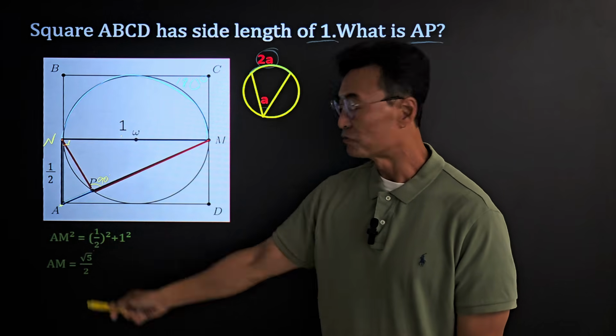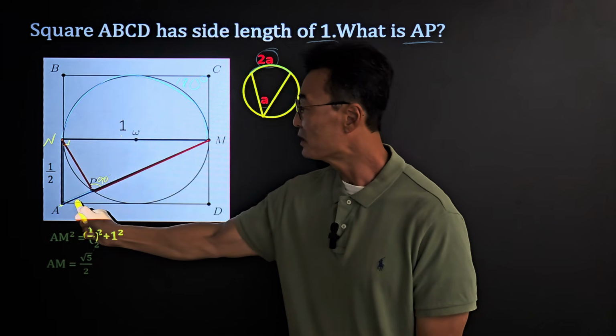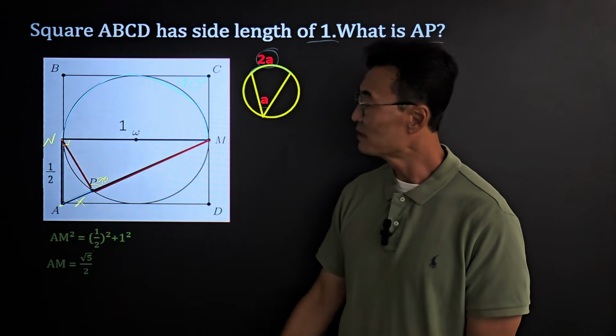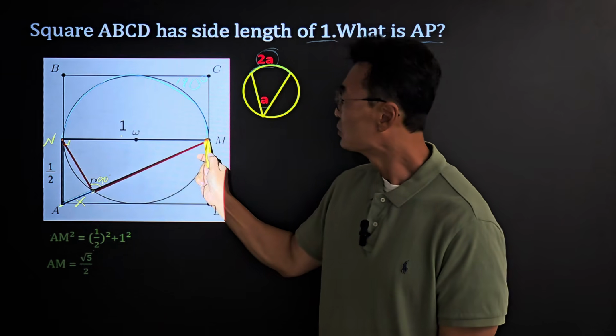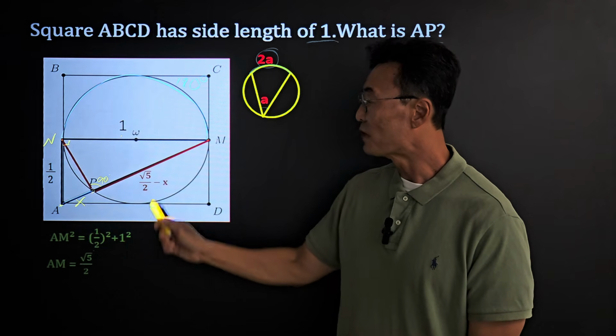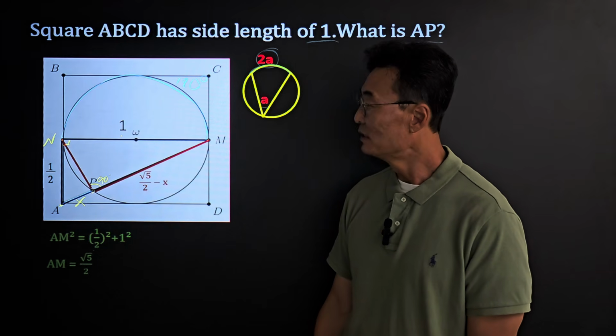AM is √5/2, and if we let AP, what we're looking for, be x, then the length from P to M will be √5/2 minus x.